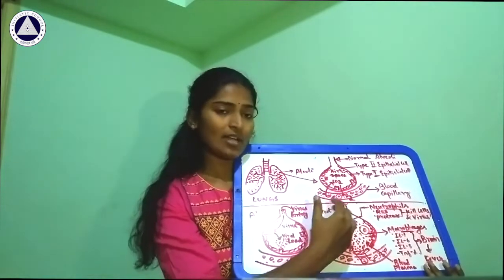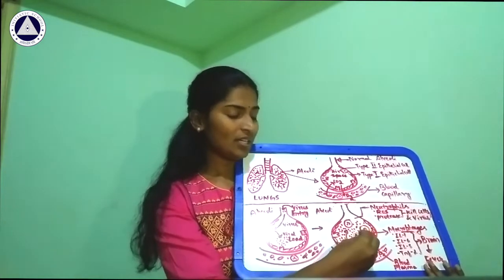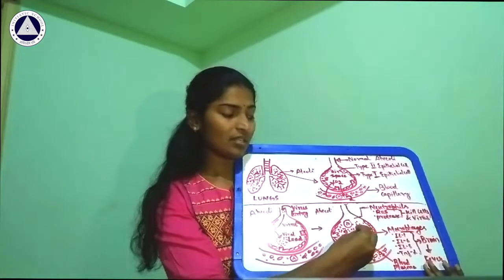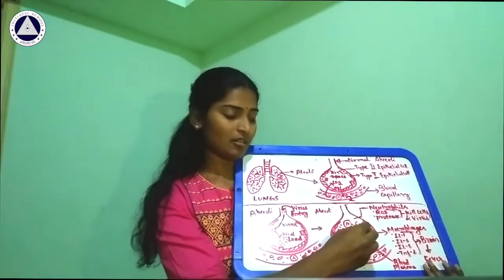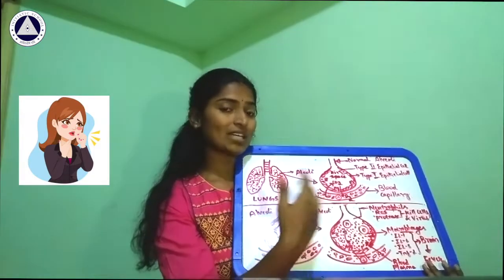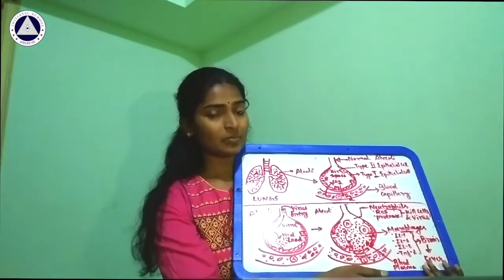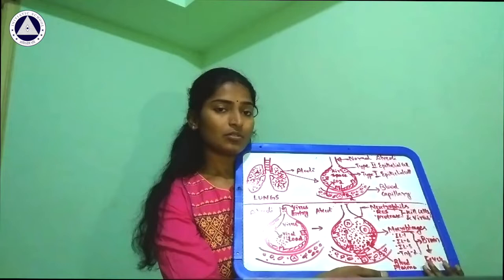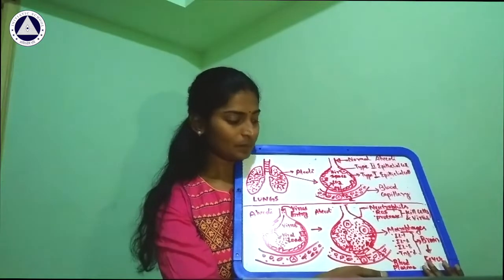So the body will now sense this and will try to put out this cell death and debris matter out of the body by coughing. That is, the person will start coughing more. So this is the third symptom experienced by the person who is infected with the novel coronavirus.